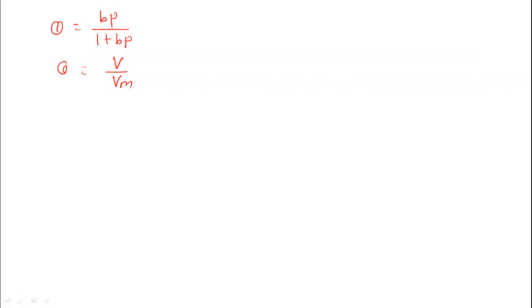So now we can write V upon Vm equal to b into p divided by 1 plus b into p.